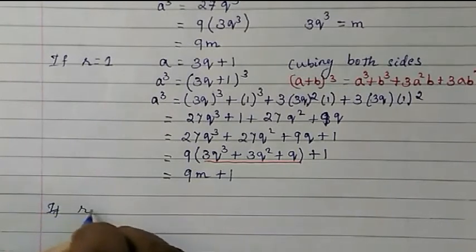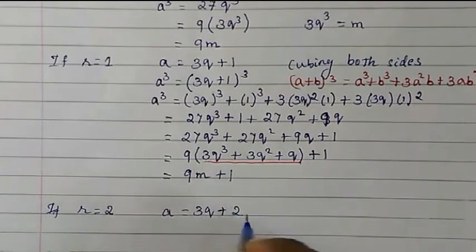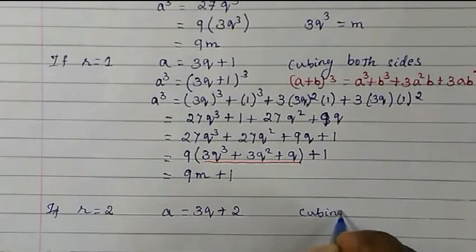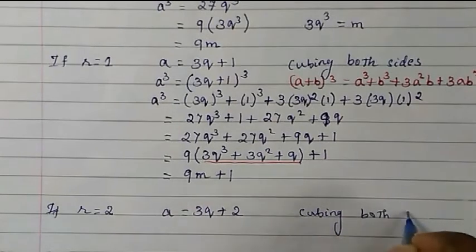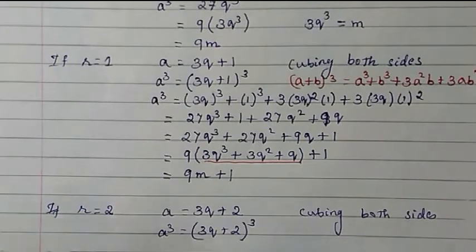Now one more left. If remainder is equal to 2, then a equals 3q plus 2. So cubing both sides, we will get this form. Again it is in the form of a plus b whole cube.